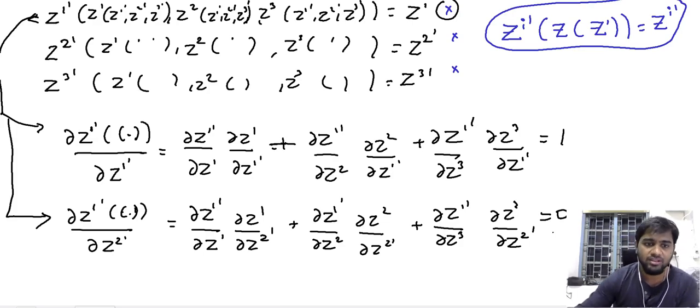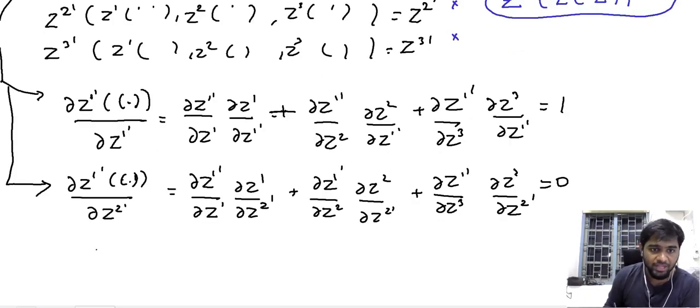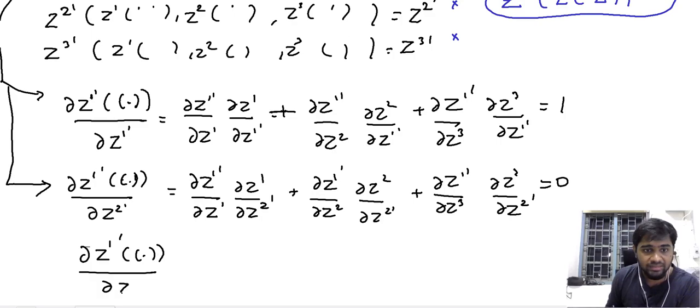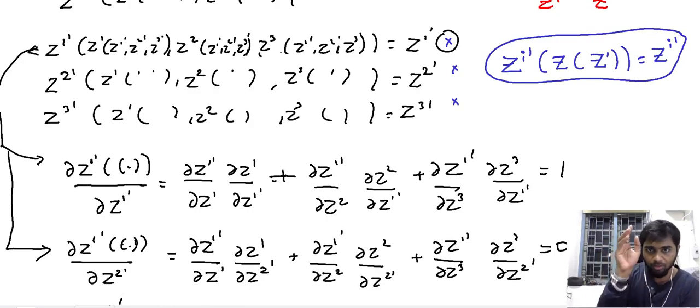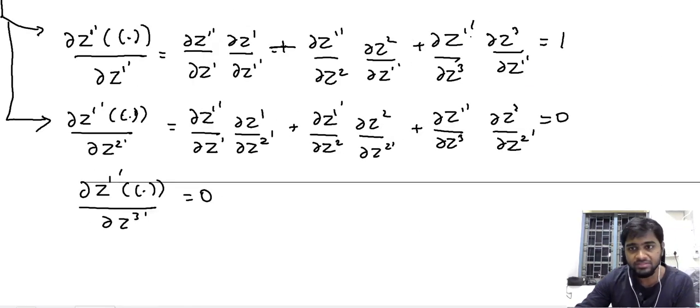Correspondingly, from the same expression, we can show that the partial derivative of z1 prime as a function of a function with respect to z3 prime will be 0. So we have one relation, and from that one relation we are able to extract 3 partial derivatives, the partial derivative of a function with respect to the corresponding independent variable. In the first case it led us to the value of 1, in the second case 0, and in the third case 0.